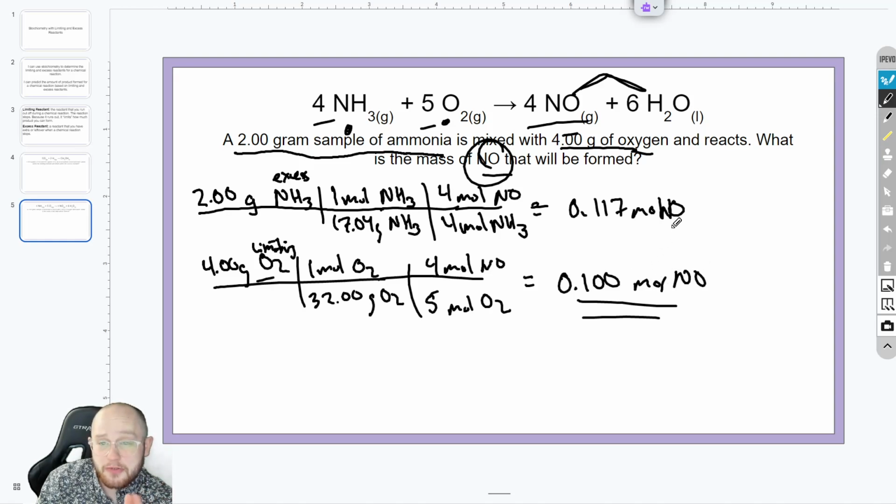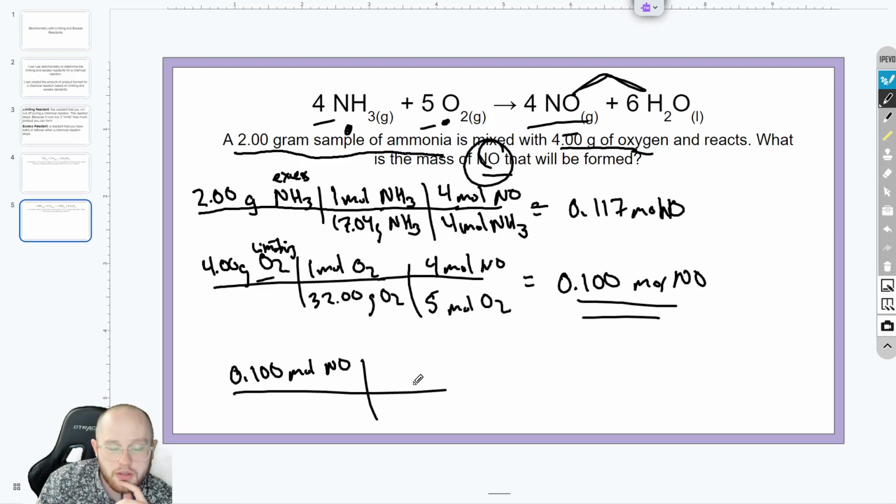Now I do have to be careful. The problem asked me for its mass, and this is moles. So I'm going to just do one last conversion, 0.100 moles of nitrogen monoxide to its mass value, which the molar mass is 30.01 grams of nitrogen monoxide. Oh, hold on. I'm doing the initial analysis wrong.